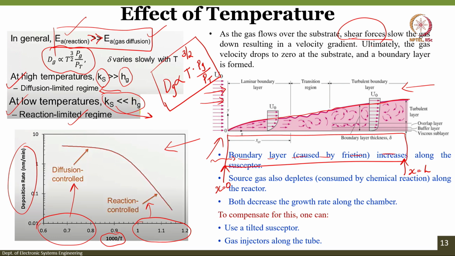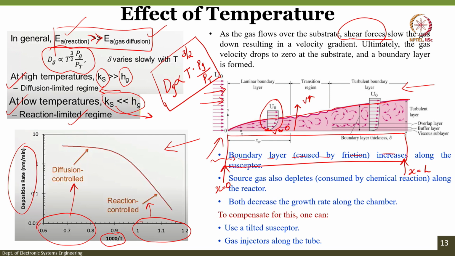At points close to the substrate surface the velocity would be almost equal to 0, and as you move away from the substrate in the vertical direction, the velocity keeps increasing. This is the velocity profile of the gas above your substrate surface.